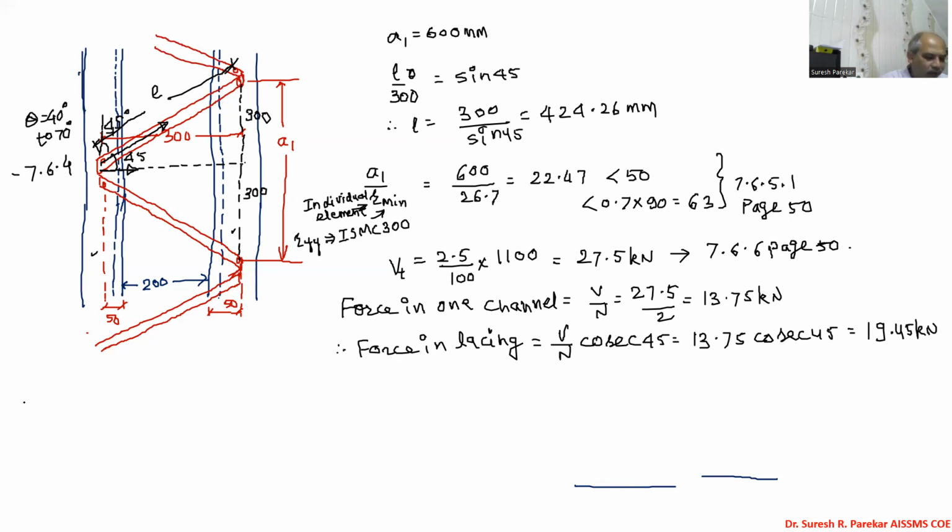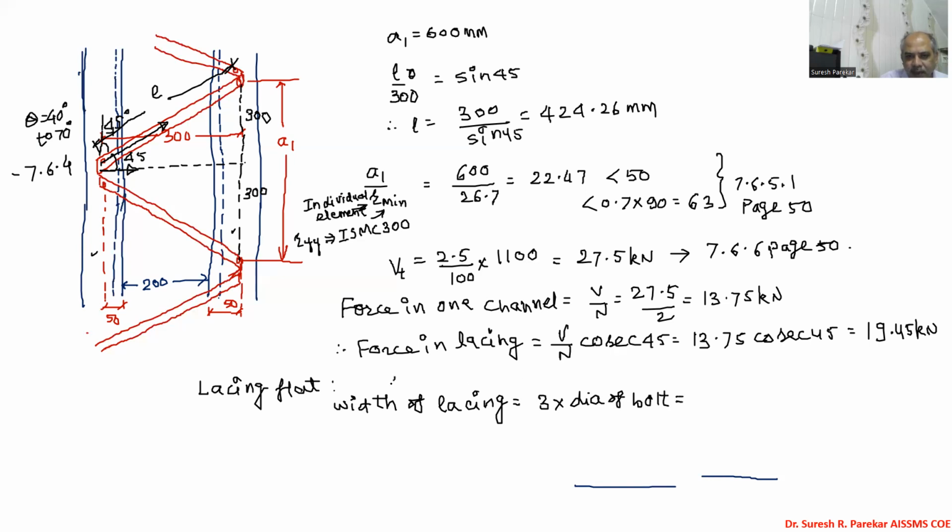Now we have to go for lacing flat. For this lacing system, we are going to use lacing flat. Now we have the width of lacing, and that is equal to 3 into the diameter of bolt.